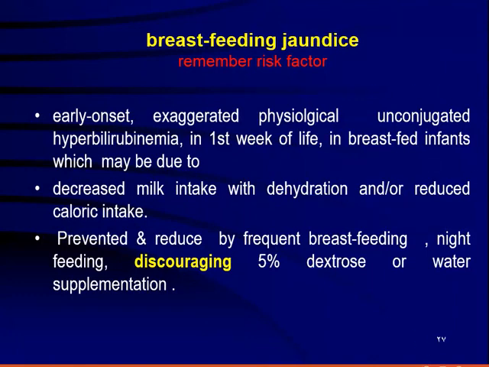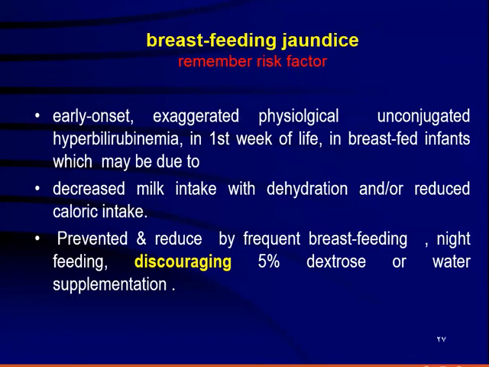Now, in breastfeeding jaundice, you have to remember the risk factors. I mentioned it previously. Early onset, exaggerated physiological unconjugated hyperbilirubinemia in the first week of life in a breastfed infant, which may be due to decreased milk intake with dehydration and/or reduced caloric intake.